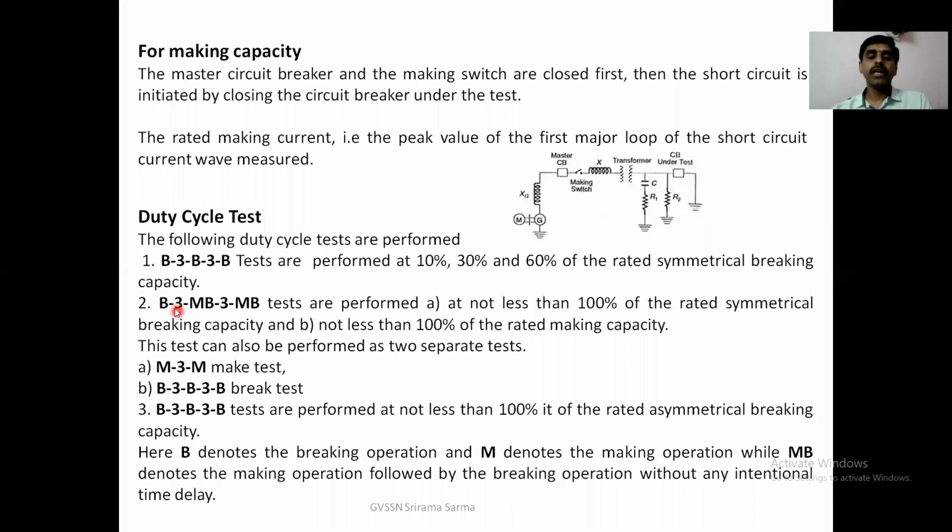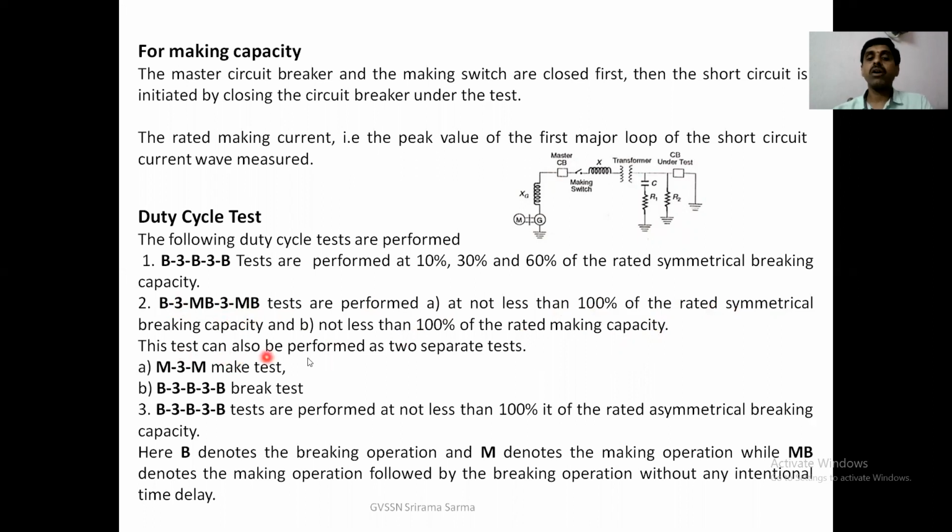Next, breaking followed by a time interval of 3 minutes, and next making followed by breaking. Next, the time interval of 3 minutes and making followed by breaking. These tests are performed at not less than 100% of the rated symmetrical breaking capacity and not less than 100% of the rated making capacity.